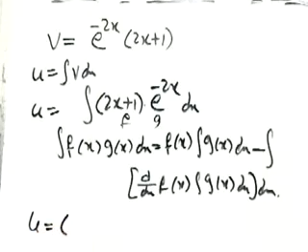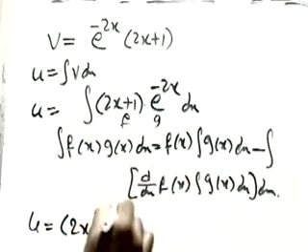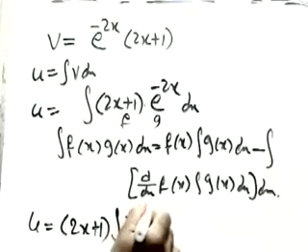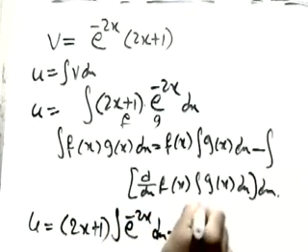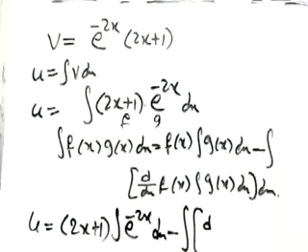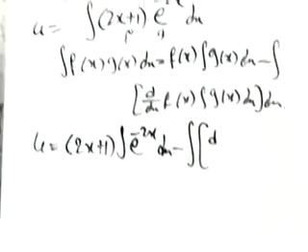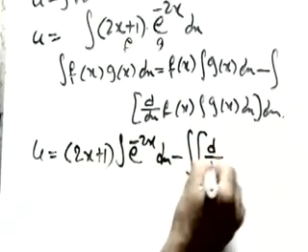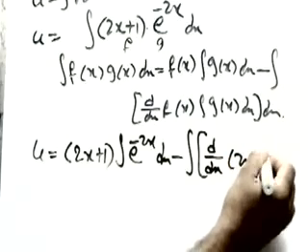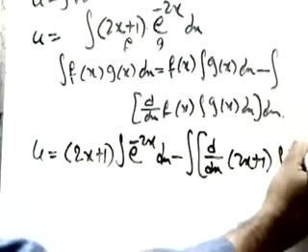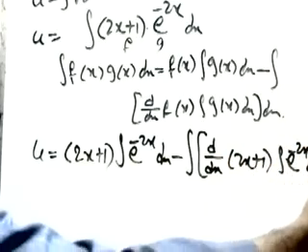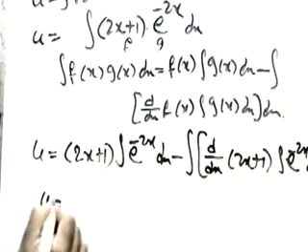Now let me use the formula. F of x means 2x plus 1, integration of g of x means e power minus 2x dx, minus whole integration d by dx of f of x, that is 2x plus 1, integration of g of x dx whole dx.